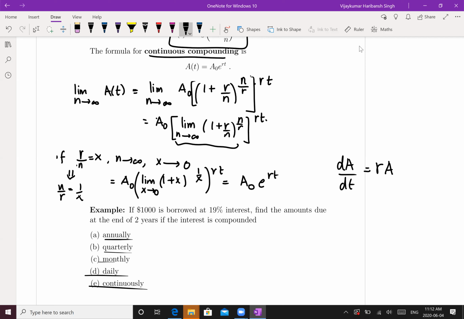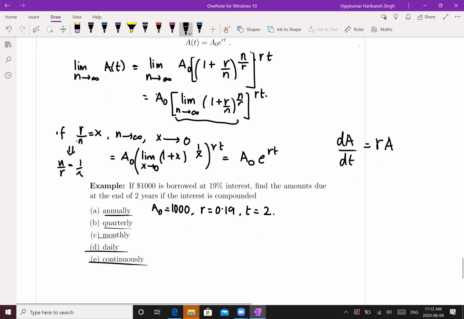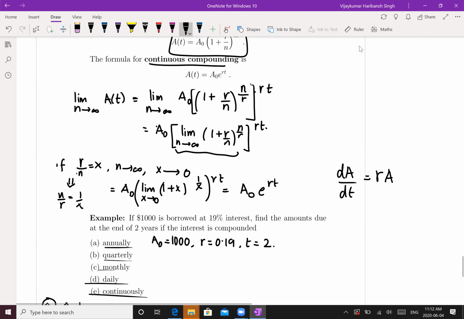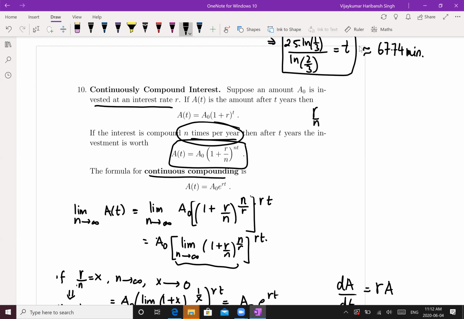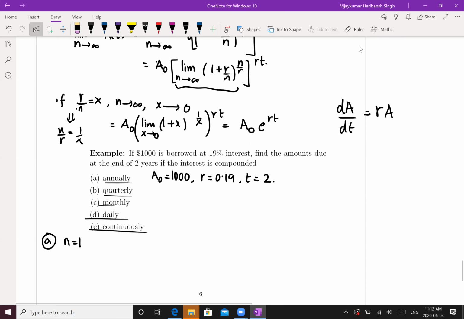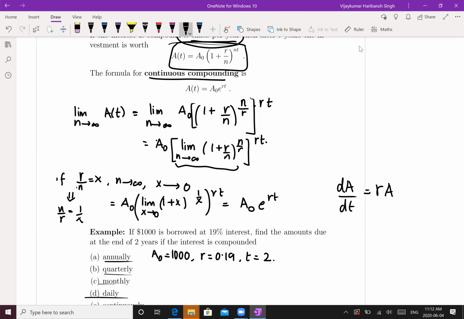So let's see. What is my A0? My A0 is 1000. R is 19%, which is 0.19. T is 2. Now case 1: annually. We have n equals 1, where n is the number of times you're compounding in a year. We'll use this formula here.